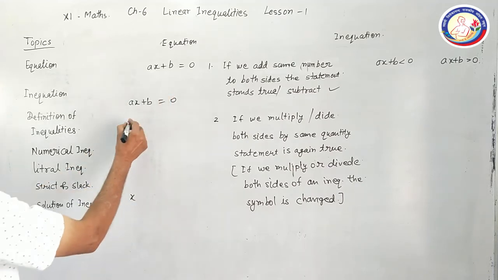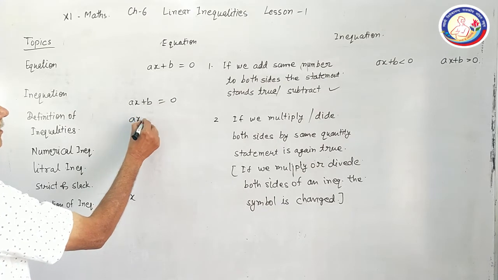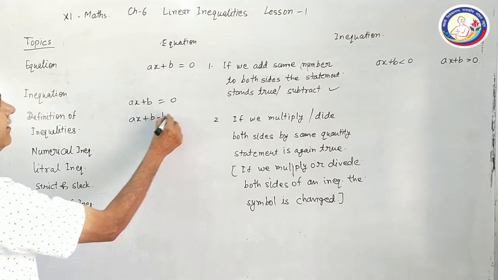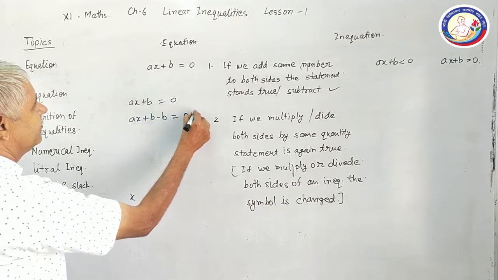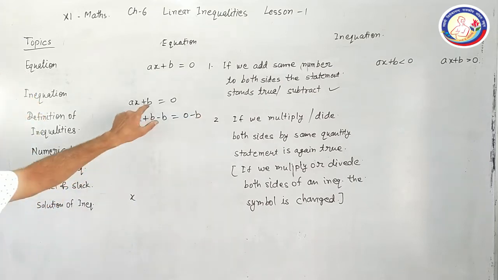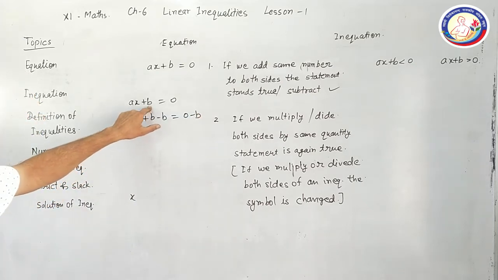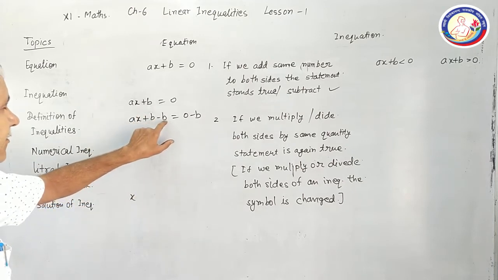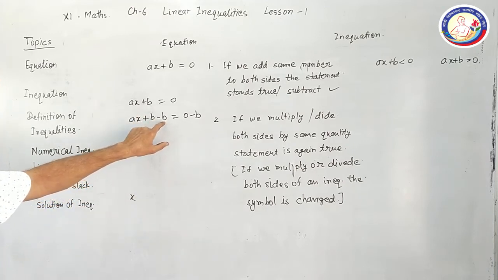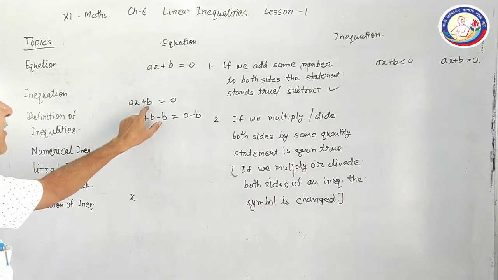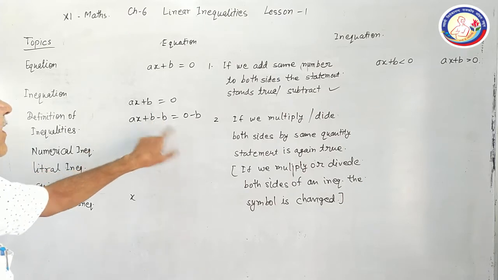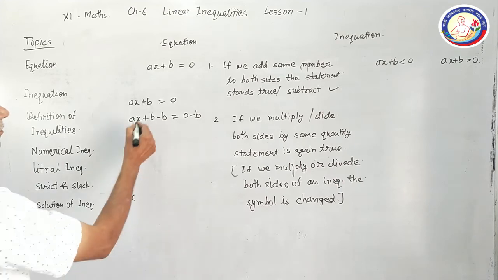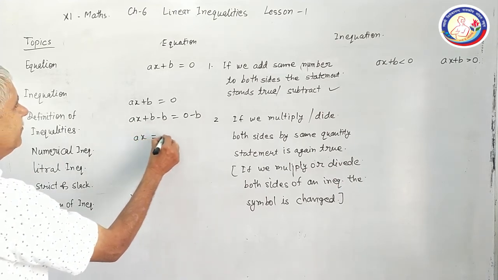So what I am doing? I am subtracting b from this side and b from this side also. Or we can say, if we want to eliminate b from this side, we will add its additive inverse, or we will change the sign of this number and then add. Both are same. So we will have ax equal to minus b.